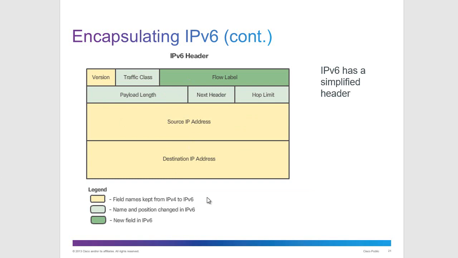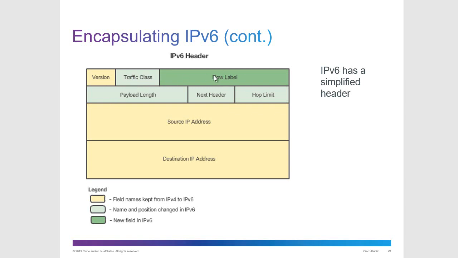So we still have the same version field here. I didn't say before, but the version for IPv4 would be 0100. The version for IPv6 is going to be 0110. Also have our traffic class, which is the equivalent of the differentiated services field in IPv4.